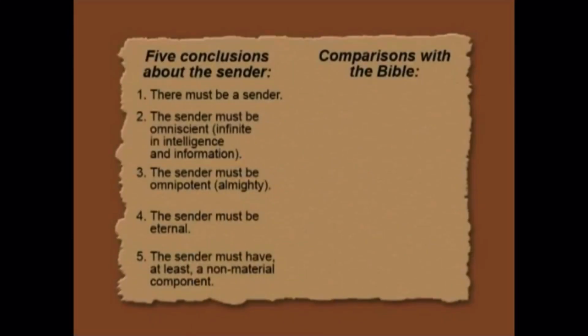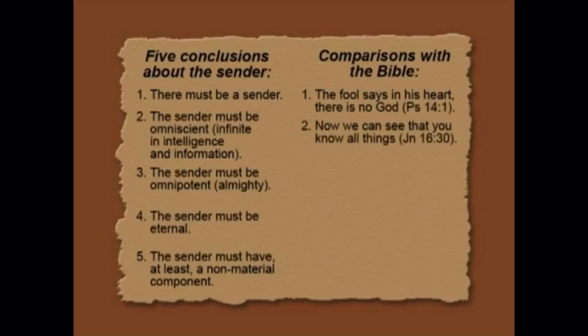Now, after finding the conclusions by using laws of nature, we can have a look at the Bible to see if our conclusions are right. And you see, to the 5 conclusions, you see here a few verses of the Bible which say the same. The fool says in his heart, there is no God.